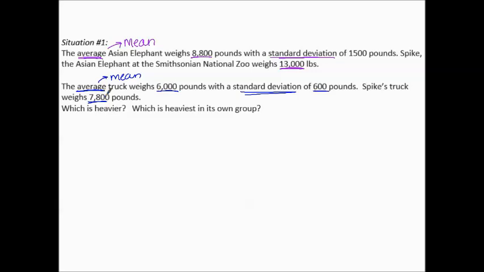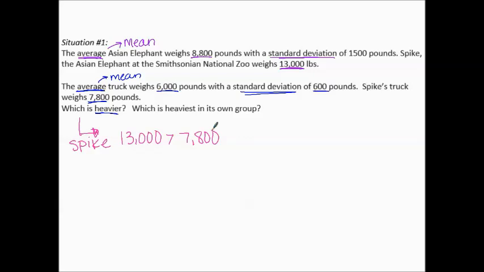So the first question we can answer right away is, which is heavier, Spike or his truck? Spike weighs 13,000 pounds and his truck weighs 7,800 pounds. So who is heavier? Spike. Spike is heavier because 13,000 is greater than 7,800.